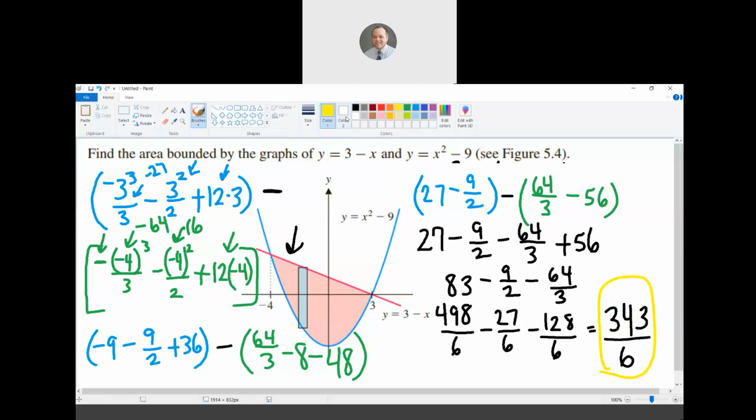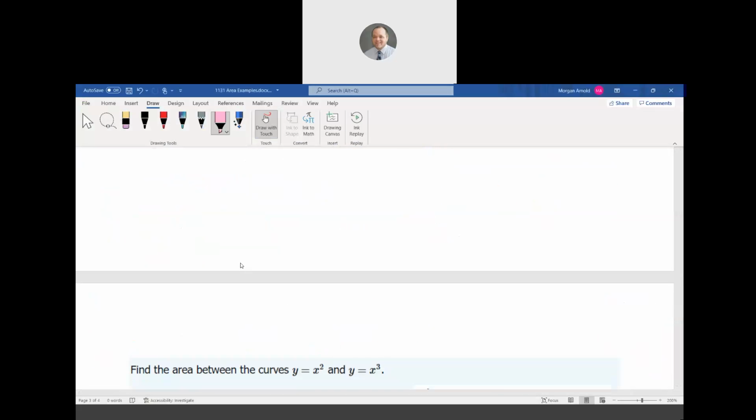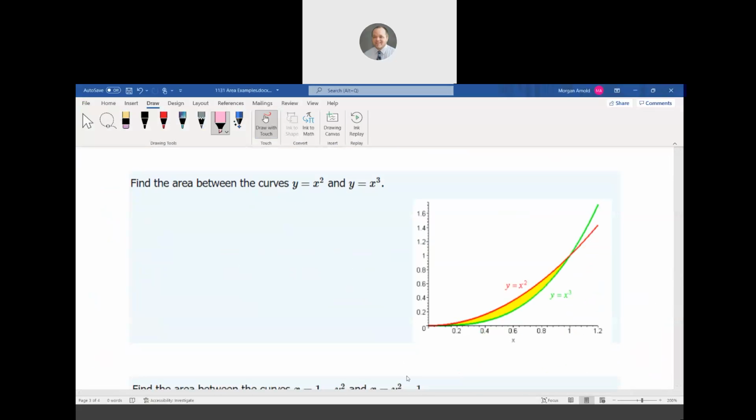All right, let's look at another example in which we're given two curves and we've got to find the area between them. So let me copy and paste this next example.